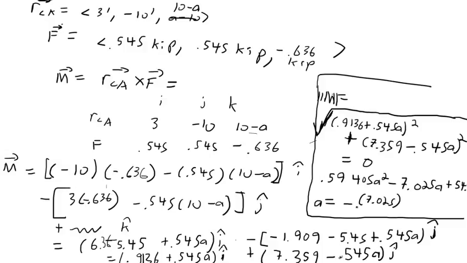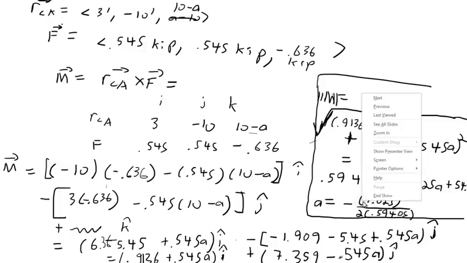So it's going to be negative, negative 7.025 over 2 times 0.59405. Oh, I got to give this the negative here.